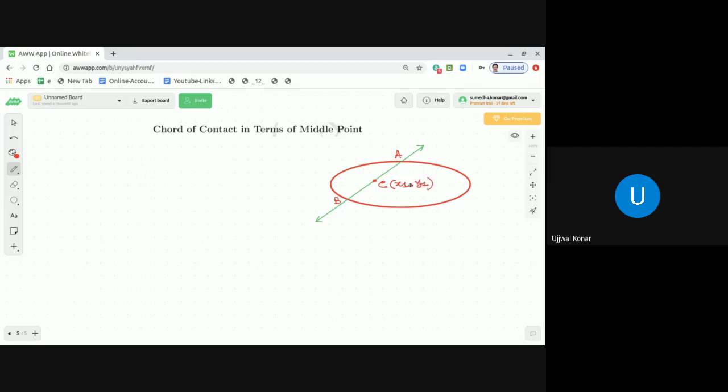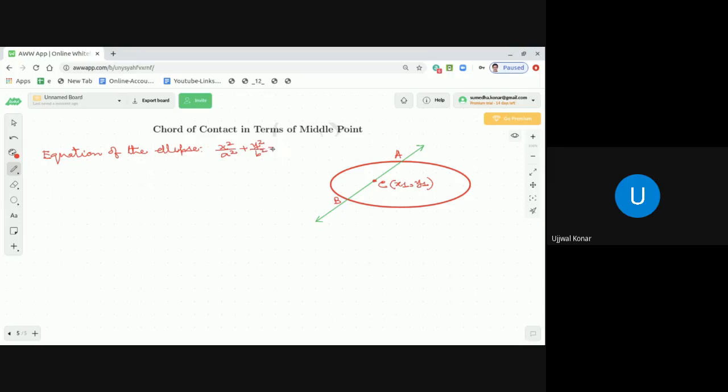So we have two pieces of information in our hand, dear students. The first one is the equation of the ellipse, obviously, and that is a standard equation, as you know. It is x square by a square plus y square by b square is equal to 1.